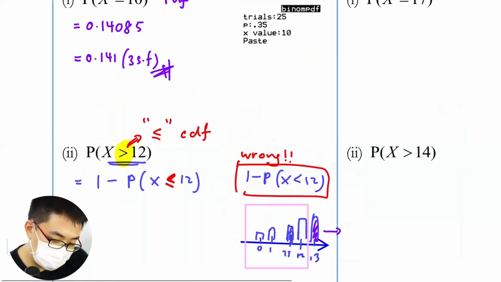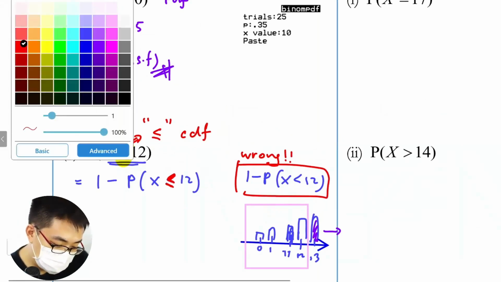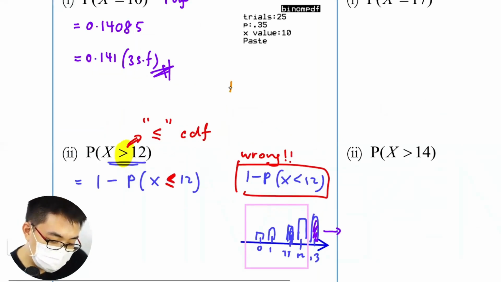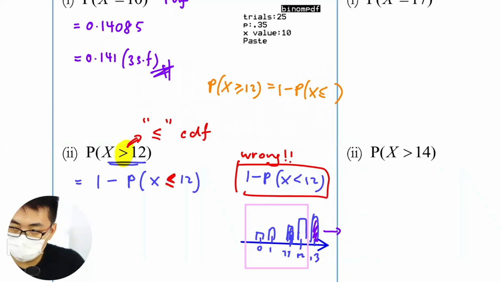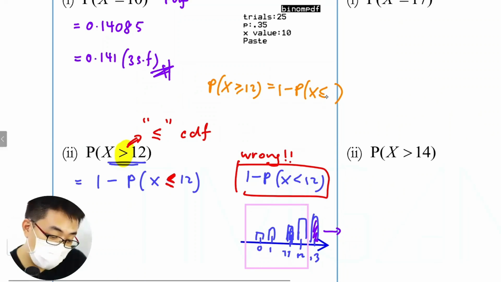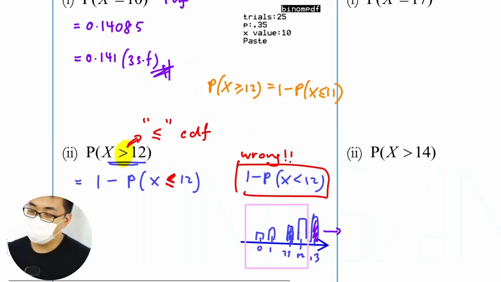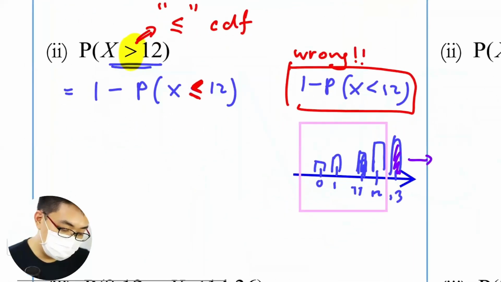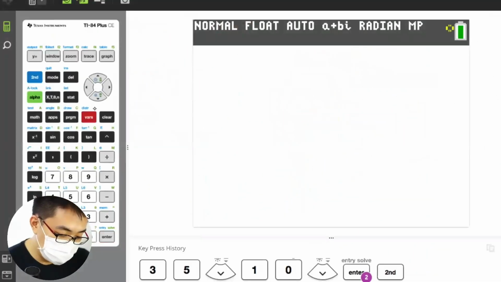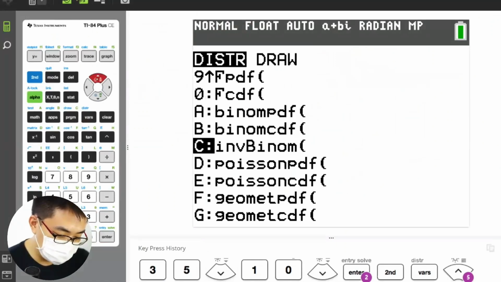Okay, let me give you another example. For example, if P(X ≥ 12), then this will be 1 minus P(X ≤ 11). Because you want the class of 12, you don't minus off the class of 12, you put 11. So in this case, remember, use binomial distribution CDF instead.